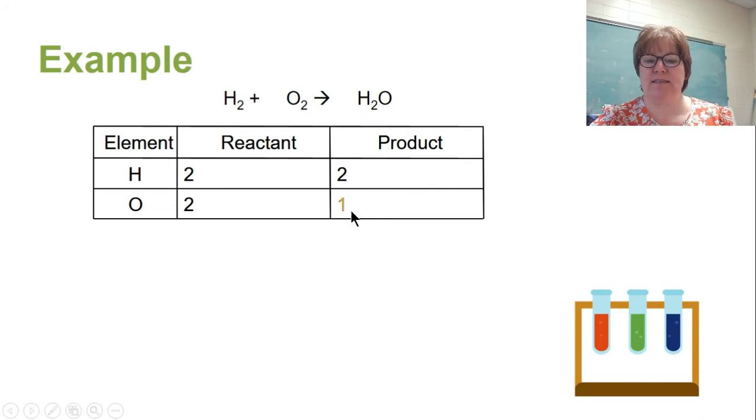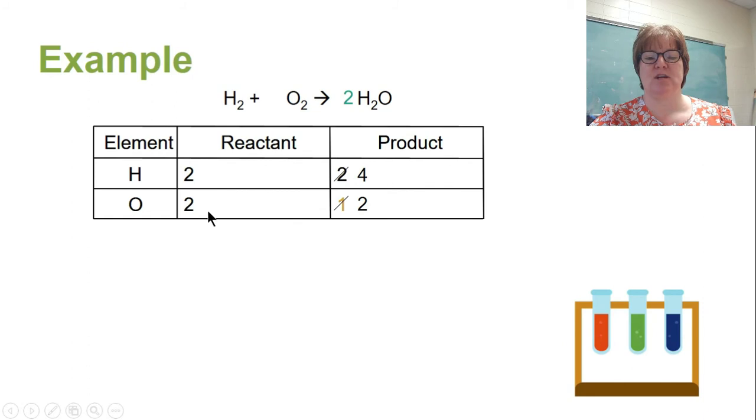So I've identified that this is the one that's off. Now I have to update the counts for both hydrogen and oxygen. A coefficient of 2 times the implied 1 subscript of oxygen gets me 2, and for hydrogen, it's 2 times 2 gets me 4.